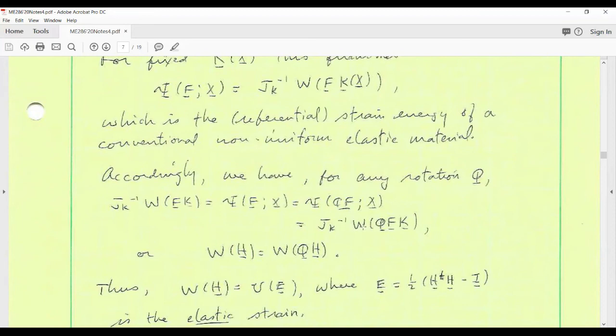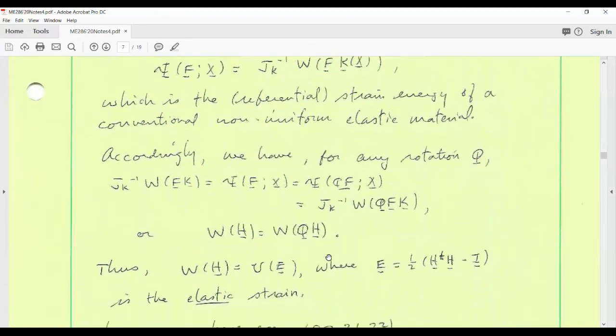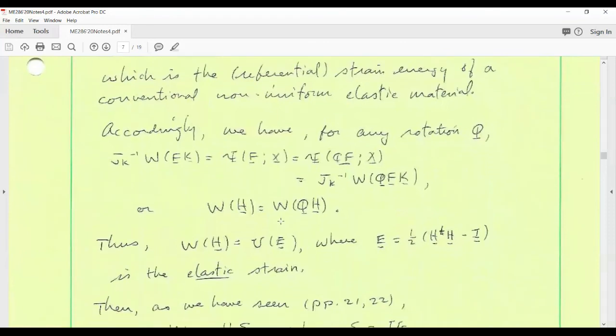So if we look at this outer equality, you can multiply through by the fixed J_K, and you just get W at H, which is F K, is W at Q F K, which is W of QH. So we have then the idea that this constitutive function W of H we've introduced should also be invariant with respect to superposed rotations, the same one associated with F. Okay.